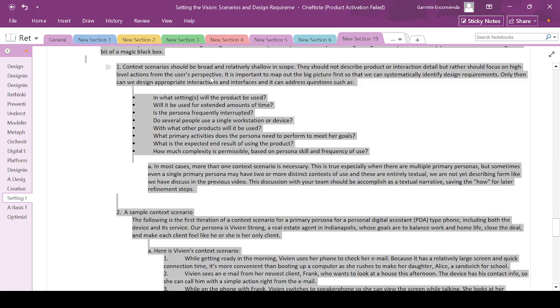Context scenarios should be broad and relatively shallow in scope. They should not describe product or interaction detail, but rather should focus on high-level actions from the user's perspective.